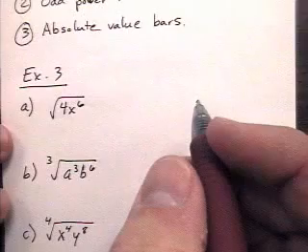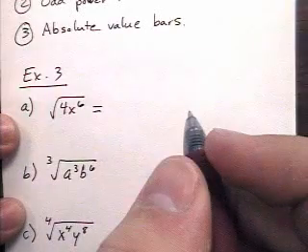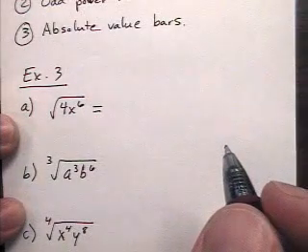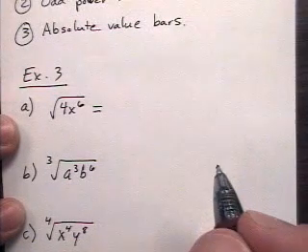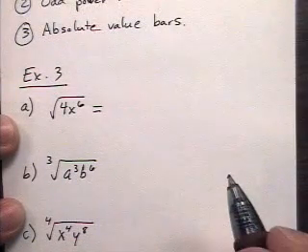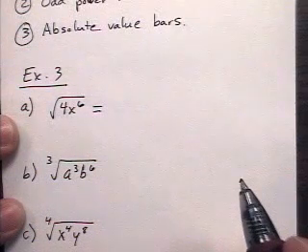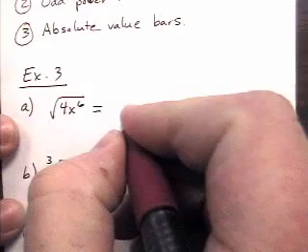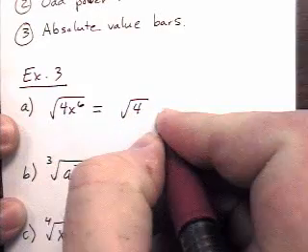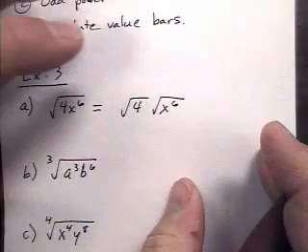So the square root of 4x to the 6th. All right, now I'm always going to talk about things like perfect squares and leftovers, or perfect cubes and leftovers, but none of these examples are like those. So when we get down the road and you hear me say that, it'll make more sense. Because these are perfect squares. We do know the square root of 4. We can figure out the square root of x to the 6th.